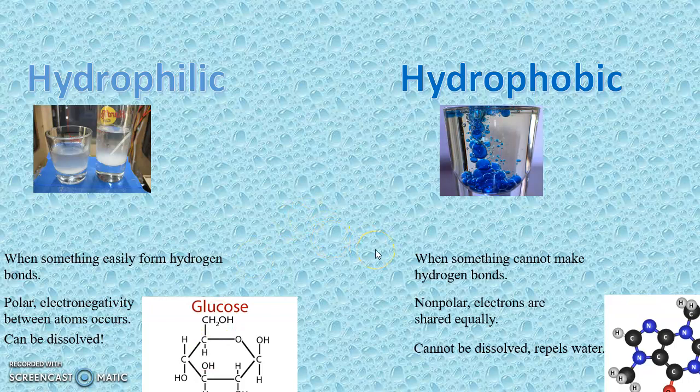When something is hydrophobic, however, it cannot make hydrogen bonds, much like oil and water. Like the picture I have here, you see that the forms of oil are kept in circular forms and do not dissolve in the water.